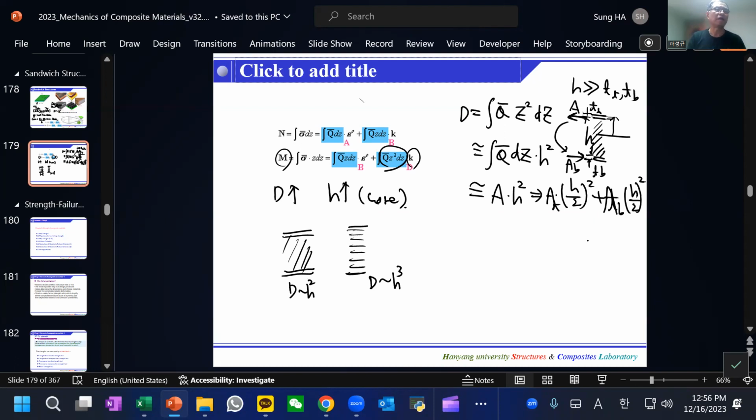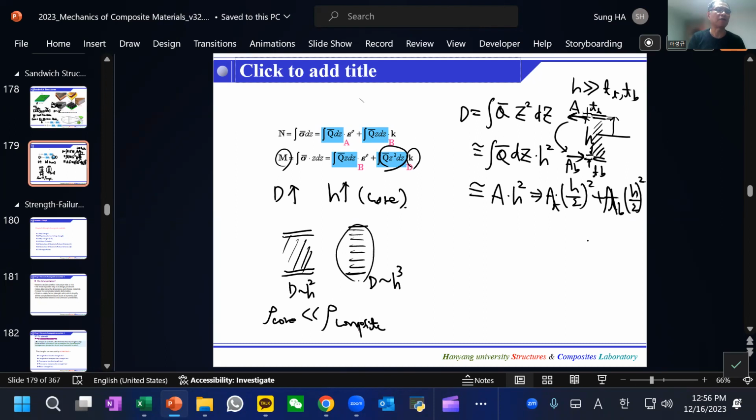Basically, this way, the mass will be very heavy, right? Mass will be very heavy, but with the core, the density of the core is very small compared to a composite.